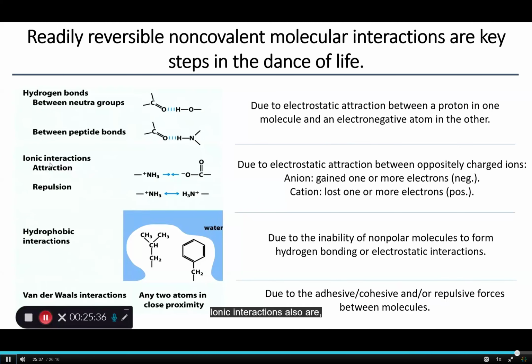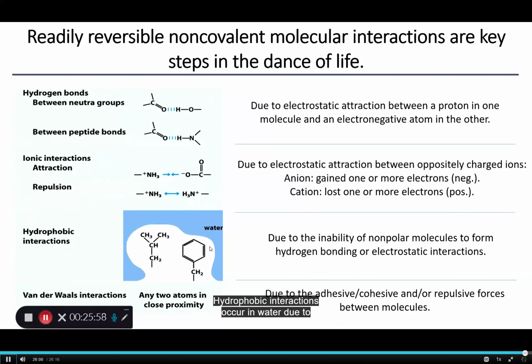Ionic interactions also are reversible and can contribute to biochemical reactions. And so this would be the interaction between bicarbonate in the bloodstream and carbon dioxide in the bloodstream. So I'm going to talk more about the bicarbonate buffering system later.